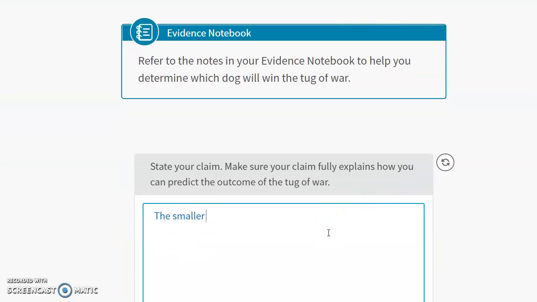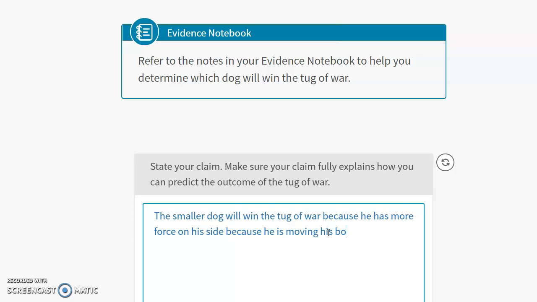The smaller dog will win the tug of war because he has more force on his side, because he is moving his body in the direction that he wants the rope to go.